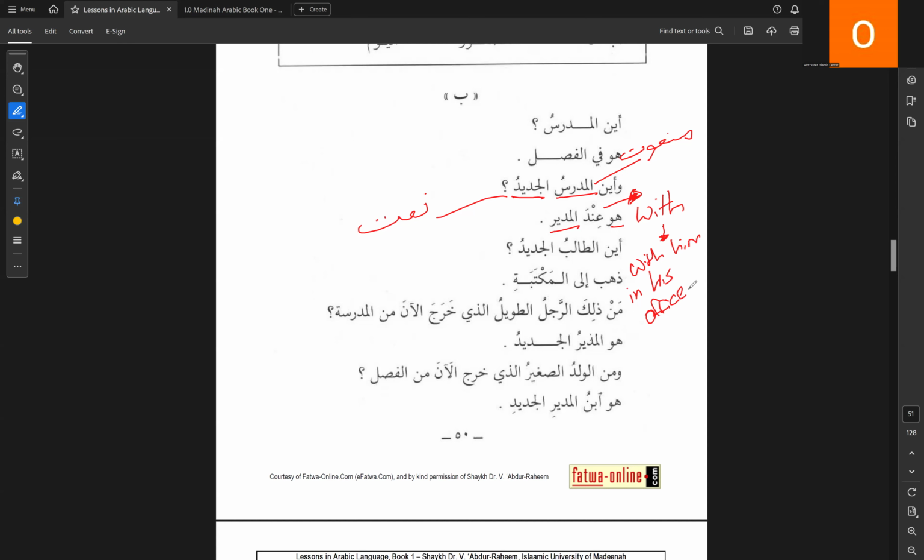It gives the meaning that he's with the principal on his, what's a good way to say it? Where it's his room, it's his place. Okay? Premises.